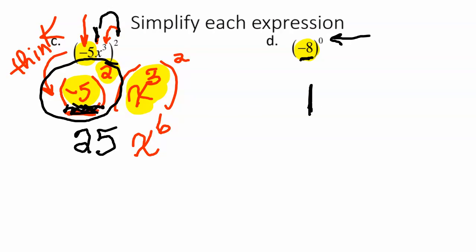And if you'll notice, the exponent of 0 is directly behind the parentheses. So everything in the parentheses is to the 0 power.